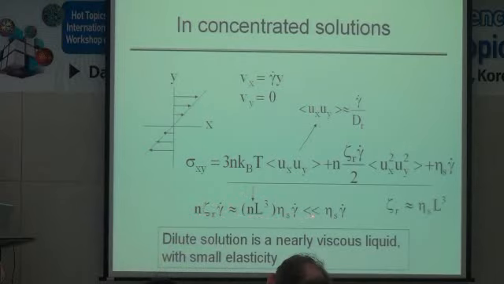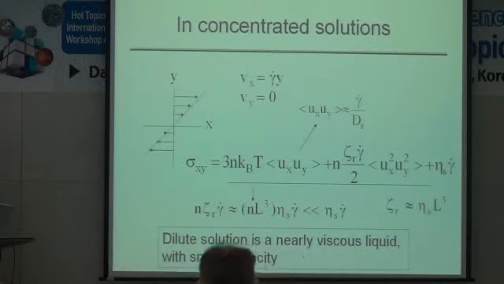This essentially gives n l cubed times eta s gamma dot. This is the contribution of the rod, the extra contribution. The second term also gives the same order of magnitude.